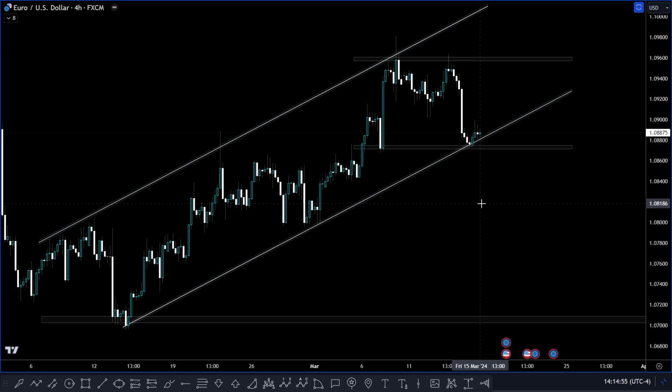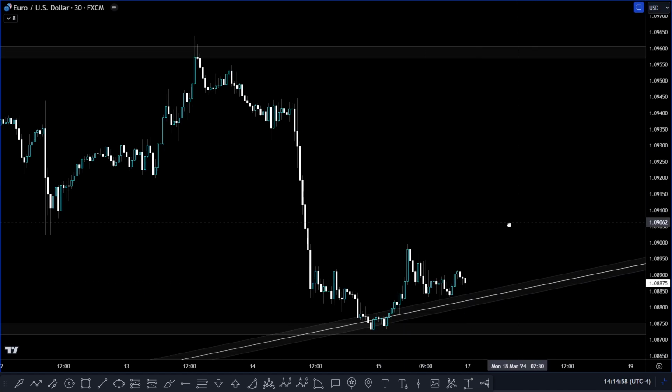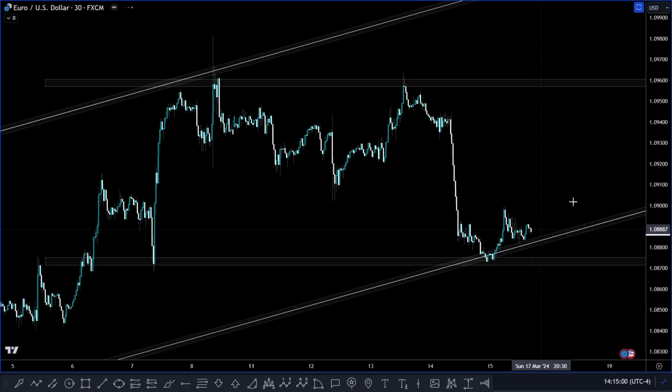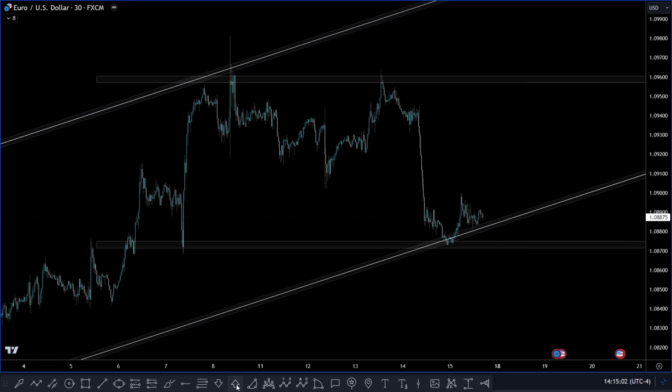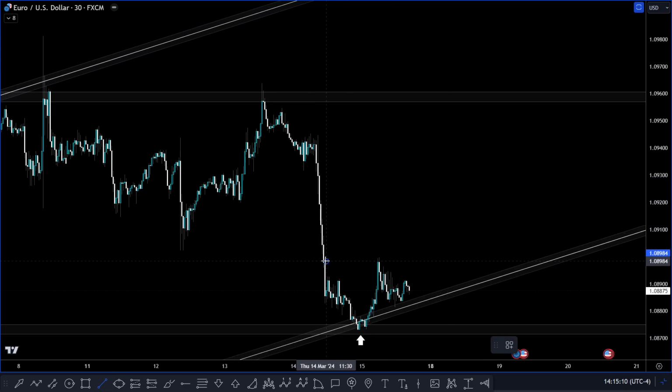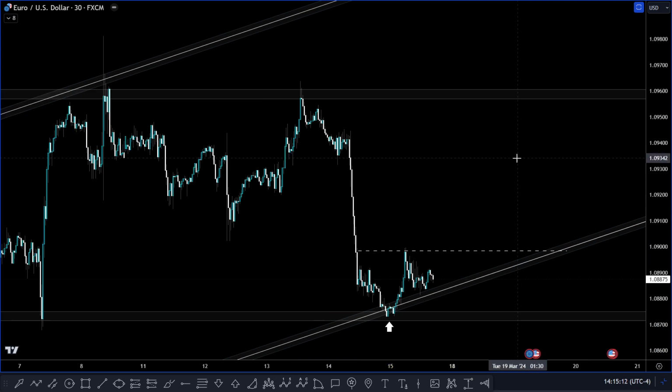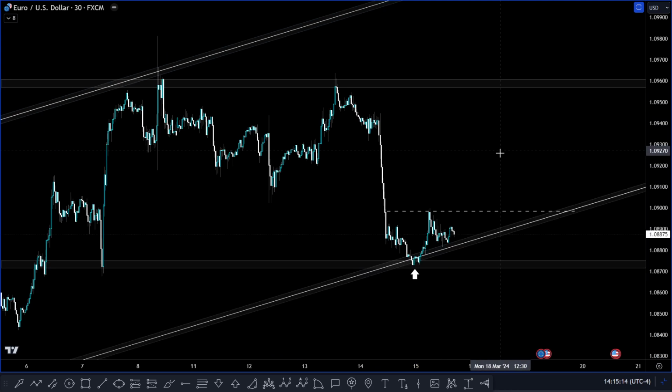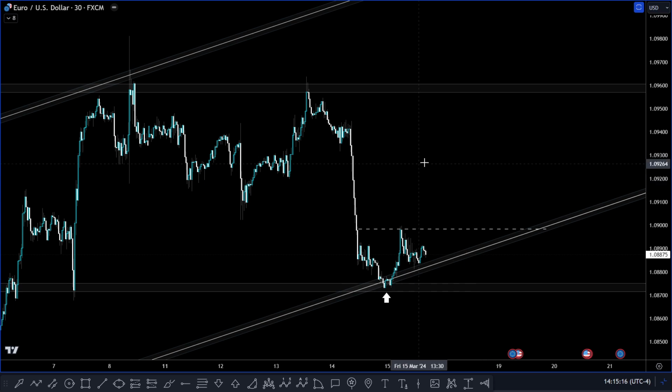Let's drop down to the 30 minute. And things are getting a little more detailed. We see here a bounce off of the support, off of the trend line, right? We see this high. It's pretty simple to see. Now, if we're looking for a trade, since we've seen this bounce off of this support, off of this trend line, it's possibly a high probability setup.